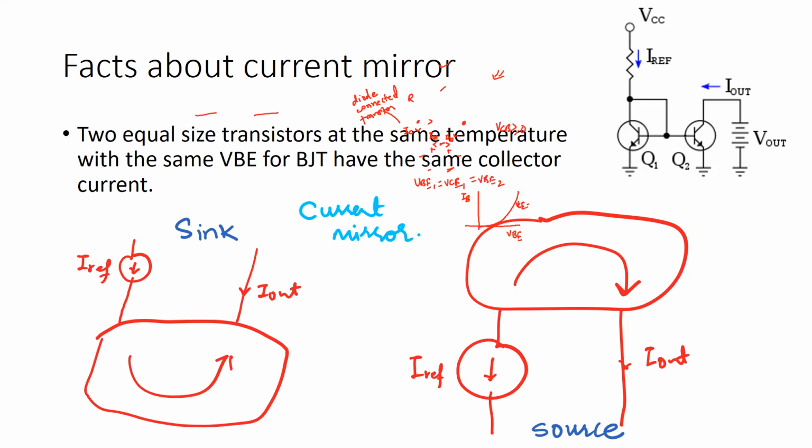So for a minimum voltage across the collector and emitter of the transistor, you have this I out that is a replica of your reference current. And this is that V out, which is the minimum voltage required to keep the transistor active so that you have a constant current delivered to the load. So that's the minimum voltage, which is the V out right here.